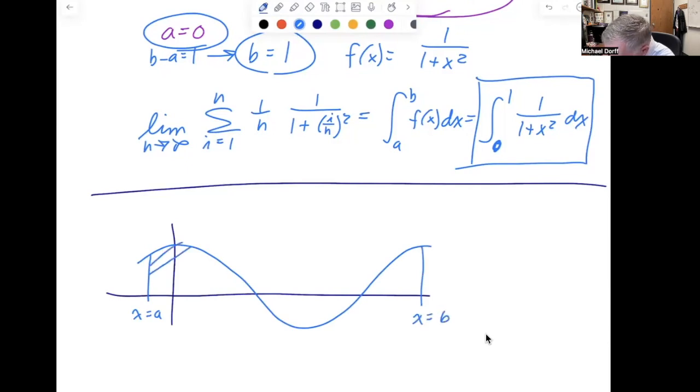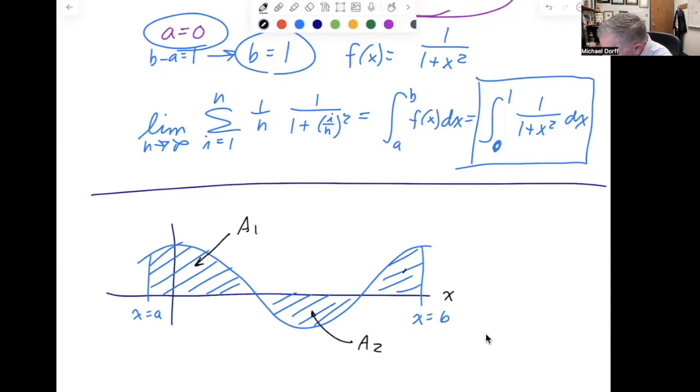So we've got these various areas. Some of it is below the x-axis there. So we're going to call this positive area A1, this positive area A2, and this positive area A3.